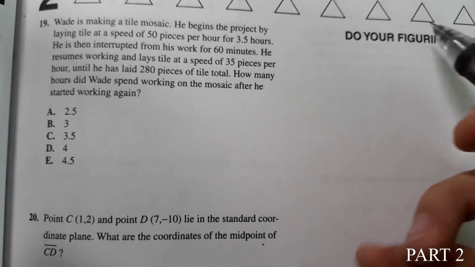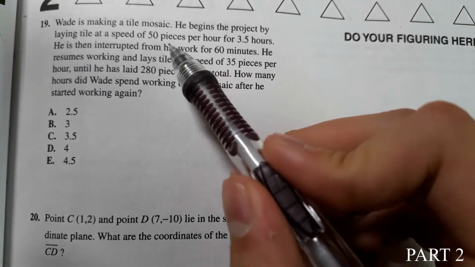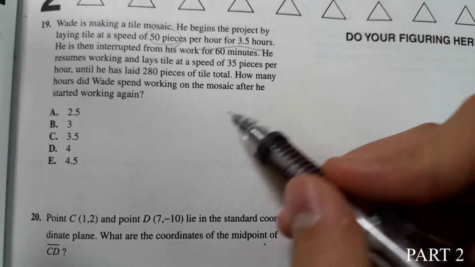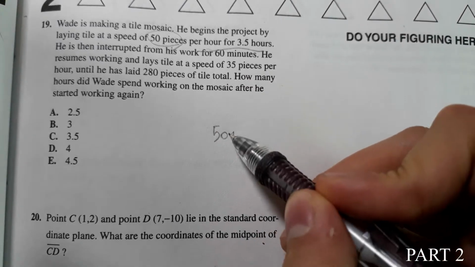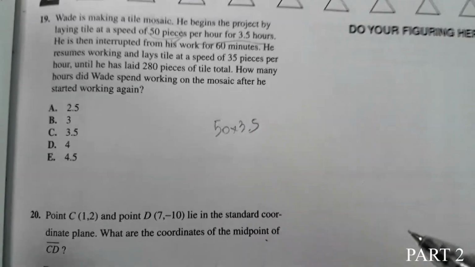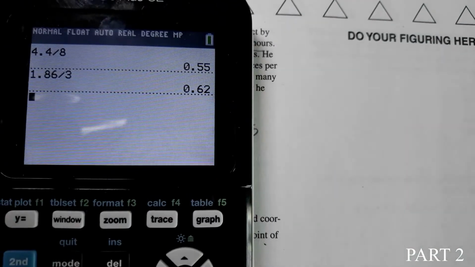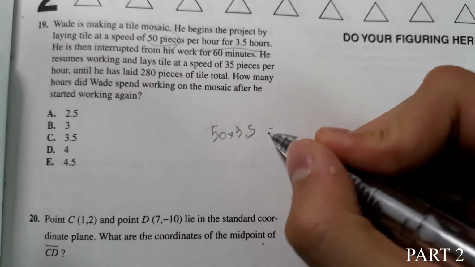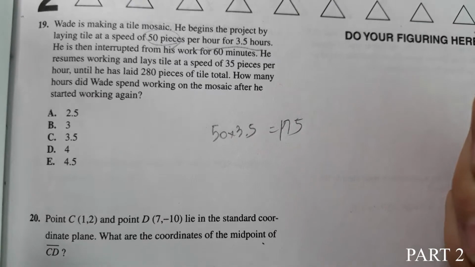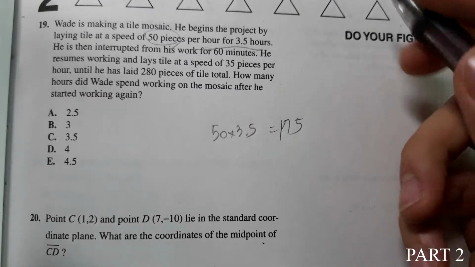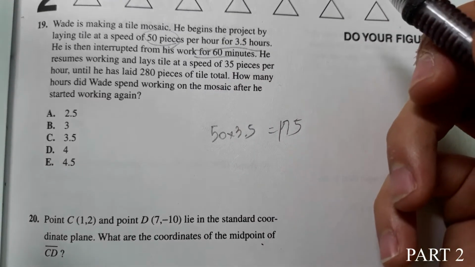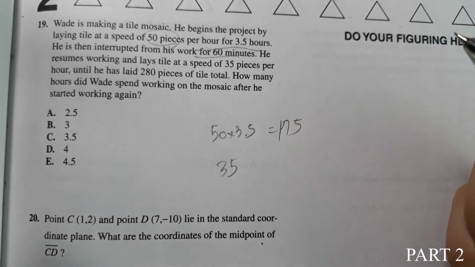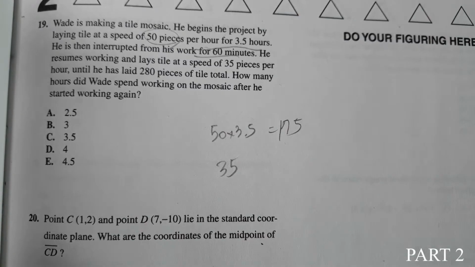Okay. First of all, he made 50 pieces per hour for 3.5 hours. So if you multiply that, it will be 50 times 3.5, which is 175 pieces made. He did not work for 60 minutes, and then he started working again, but this time he made 35 pieces per hour.